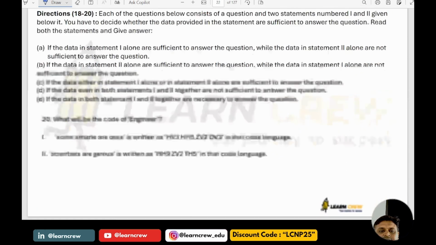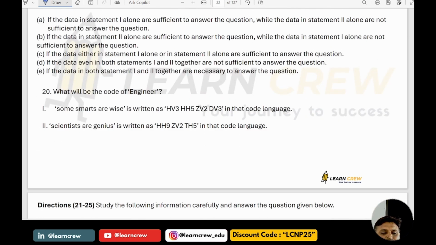What will be the code for engineer? Some smarts are wise.